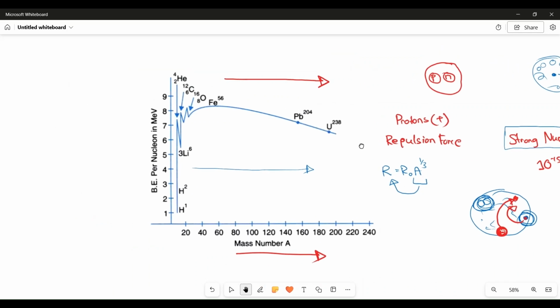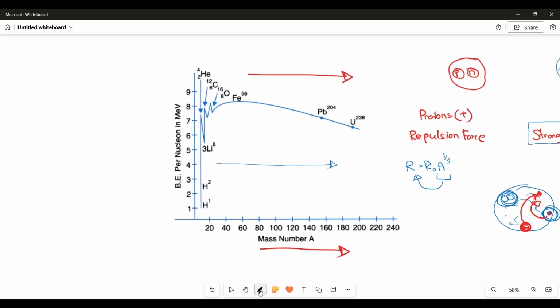Now, if you think from the binding energy point of view, this strong nuclear force comes from mass defects, right? So the mass defect becomes mc squared to provide the binding energy, and this binding energy is basically the strong nuclear force here.